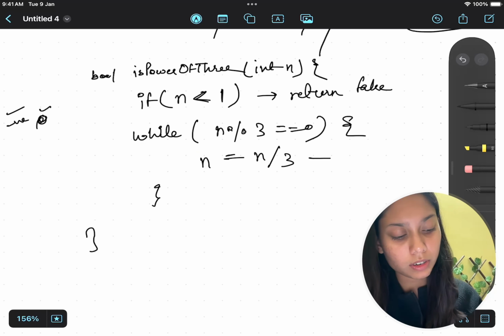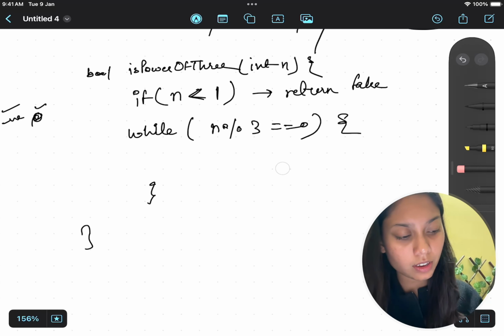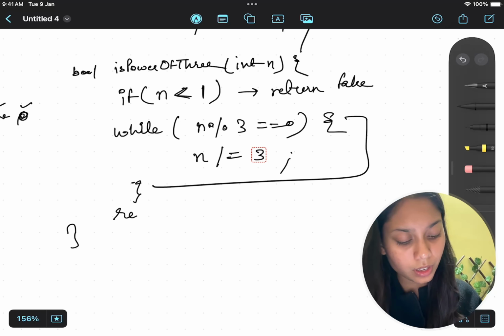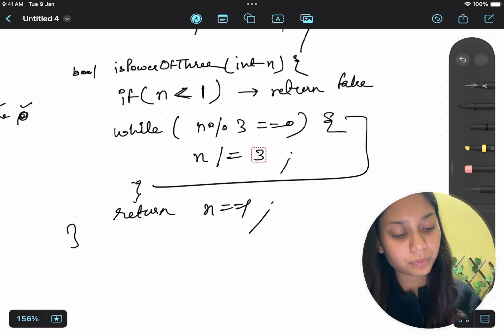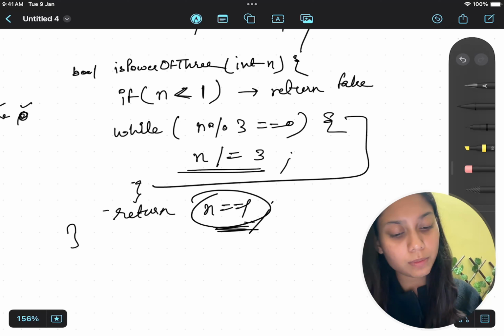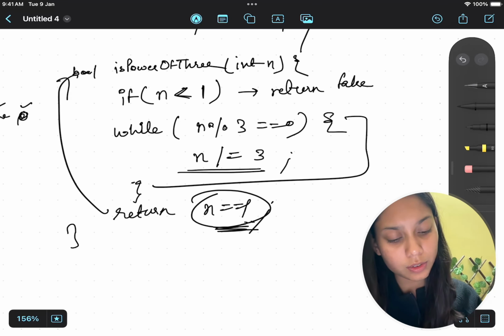This can also be written as n divided by equal to 3. And outside this while loop, we are going to return n equal to 1. If this is true, meaning it has reached 1 by dividing by 3, then that value, whether true or not, will be returned by our function of Boolean return type.